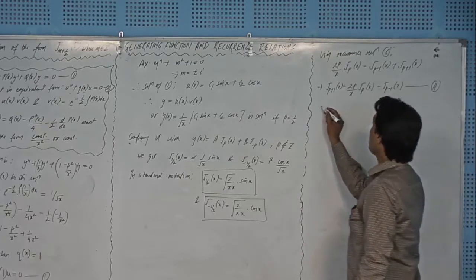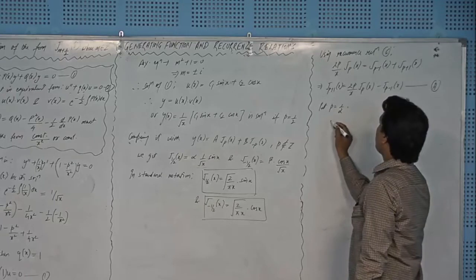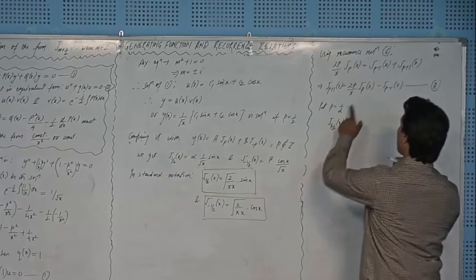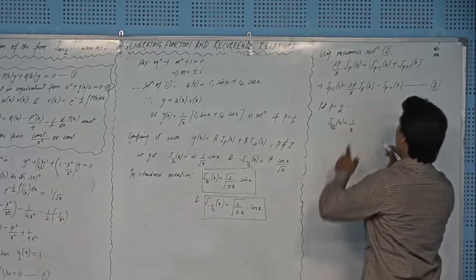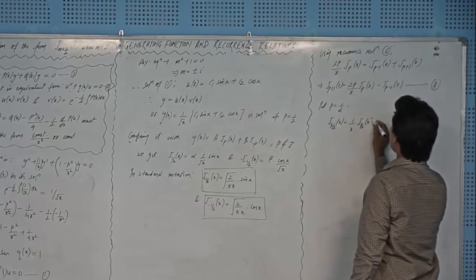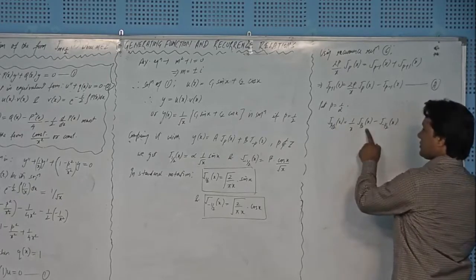So what I will do, I will put p equal to half, right? Then I will get J_{3/2}(x) equal to, since p equals half, this is 1 by x, and this will be converted to what? J_half(x) minus J_minus half(x), and you can use these values.